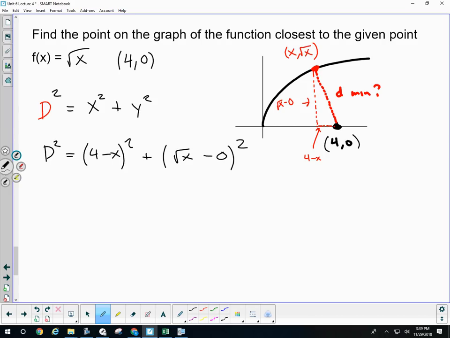Now, what's an interesting thing is that 4 minus x being squared, is that going to be the same as x minus 4 squared? Think about it.